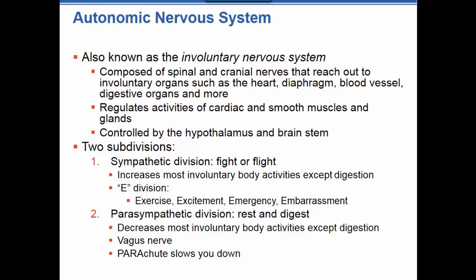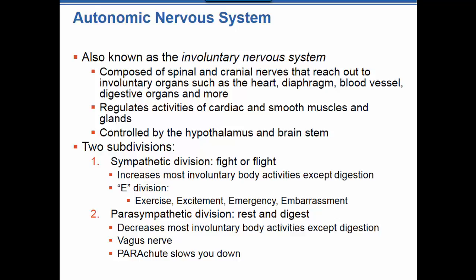The sympathetic nervous system is also known as our fight or flight division. And that's because this is our emergency nervous system, and it helps us to get our body ready for fighting off a threat or flight, running away from a threat. So it will increase your heart rate and increase your respiratory rate and increase blood flow to your skeletal muscles.